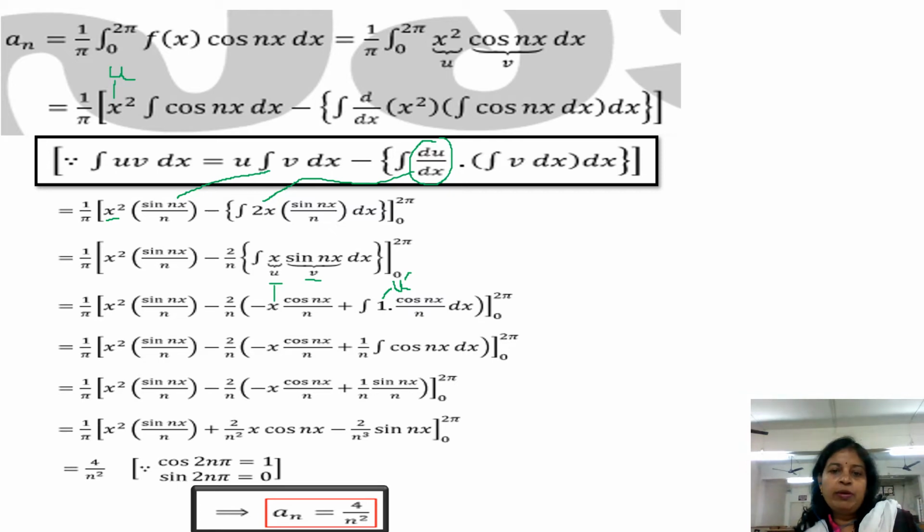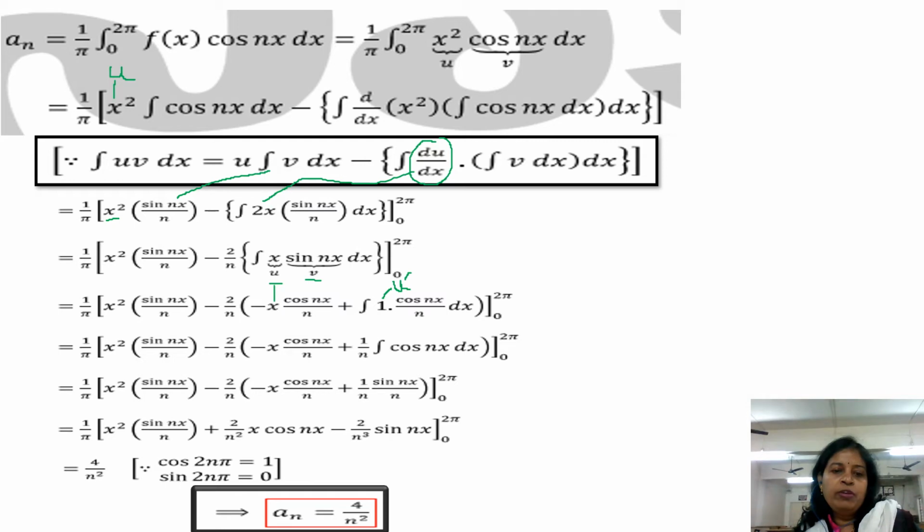The upper and lower limits, 2π and 0, we will put after this step. So again x² sin nx/n minus 2/n times (−x cos nx/n plus 1/n integration of cos nx dx). Integration of cos nx dx is sin nx/n. Now we substitute upper limit 2π minus lower limit 0.